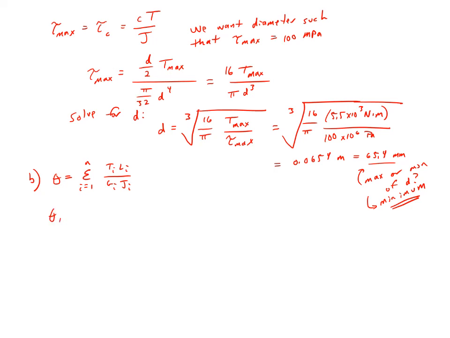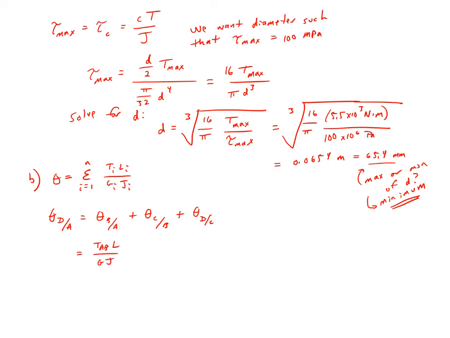The twist from D to A is going to be the twist from B to A plus the twist from C to B plus the twist from D to C. Right, so that's going to look like the torque AB times the length over GJ.